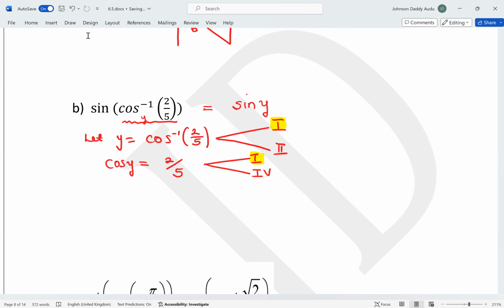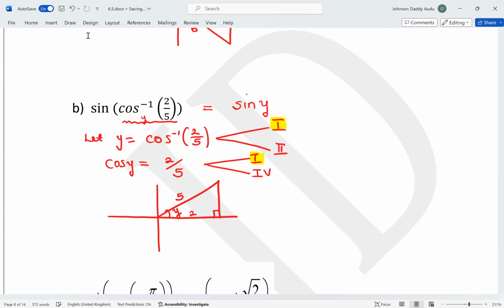So what we do in this case is that we go and sketch. We will be in the first quadrant. So this is the first quadrant, and this is going to be y. So cosine y is what? How do you find cosine? It's adjacent over hypotenuse. So this is going to be 2, and the hypotenuse is 5.